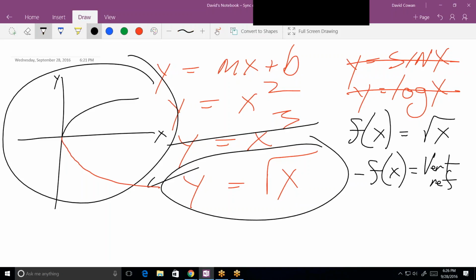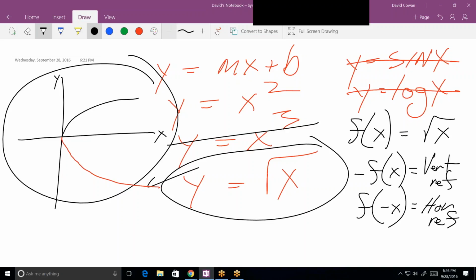Whereas if I said to you, what is f of minus x, what kind of reflection is that? That is a horizontal reflection. Just think of it as a horizontal reflection, and then know that that means you're reflecting over the y-axis.